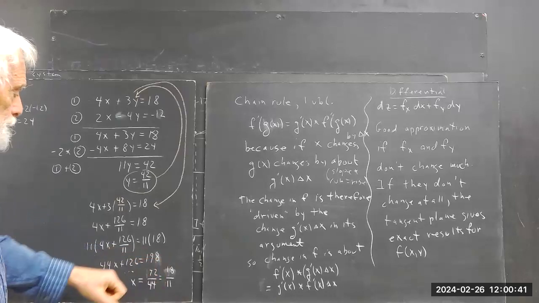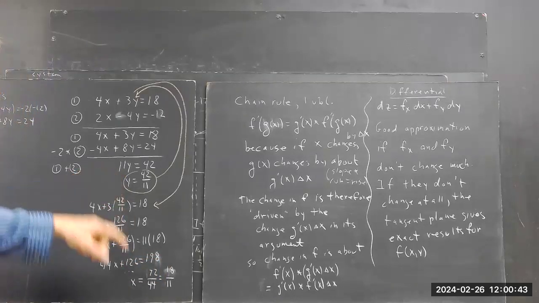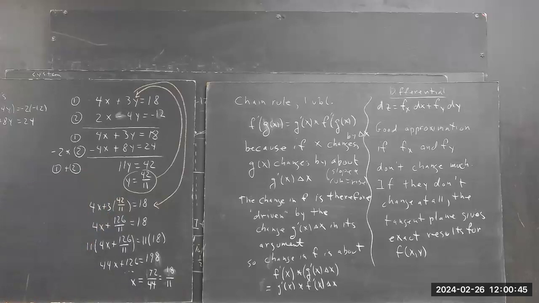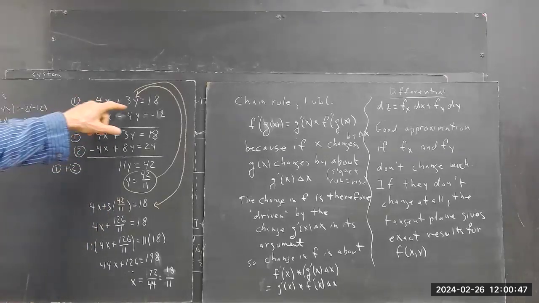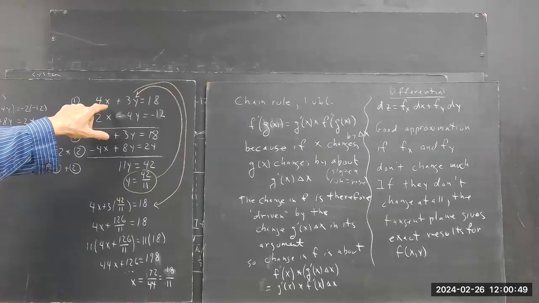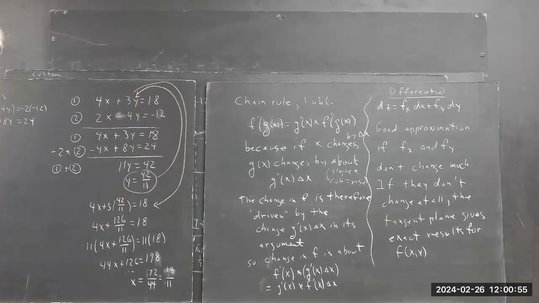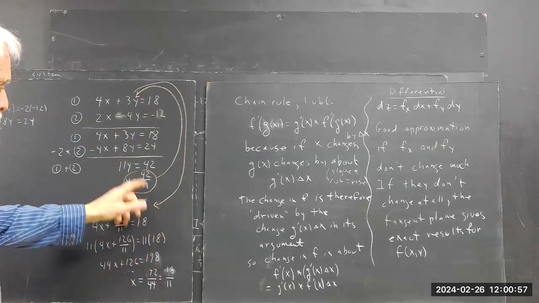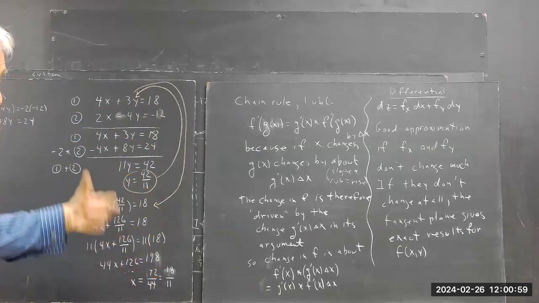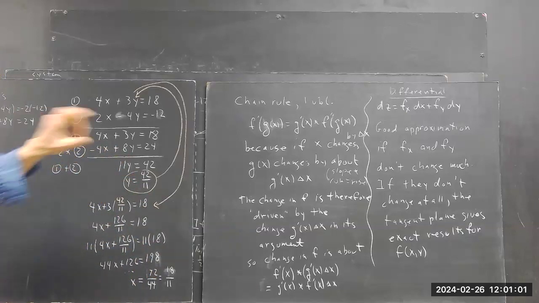Okay, so I've got like 18 over 11. Now x is close to 2, y is close to 4. If x is 2 and y is 4, we get 8 plus 12, which would be 20, but x and y are both a little bit less than 2 and 4, respectively. So 20 equals 20 is not bad.